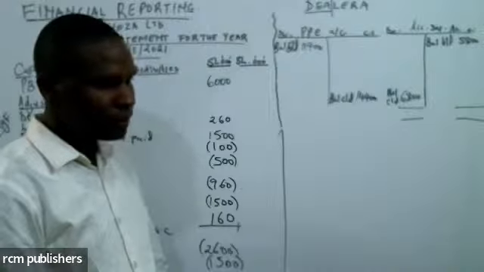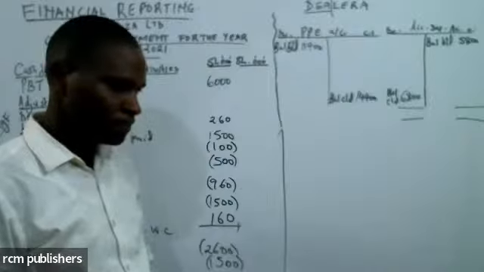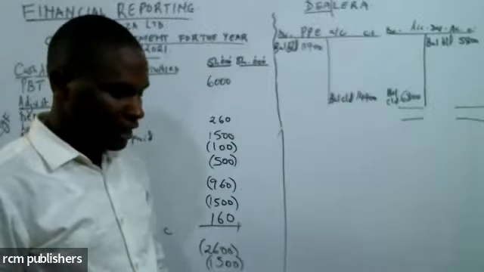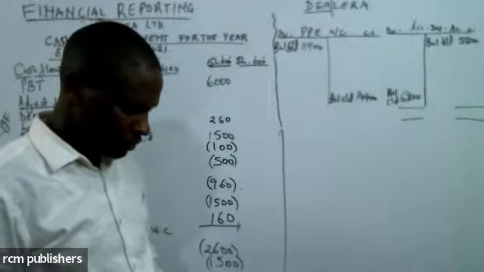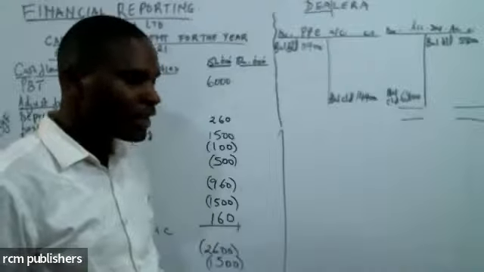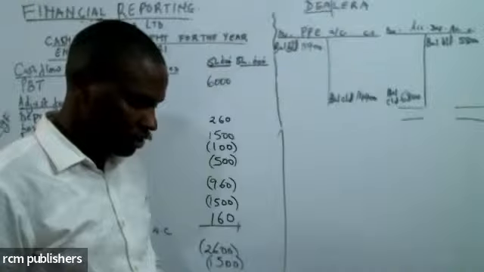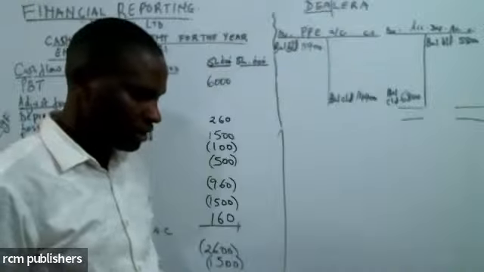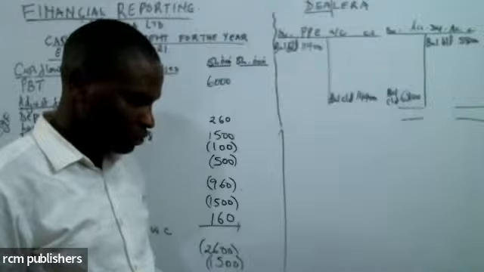Angalia hiyo additional still. Anatuambia kwamba, not plant, equipment. Equipment with an original cost of 1,700,000 and a net book value of 900,000 was sold for 640 during the year ended.